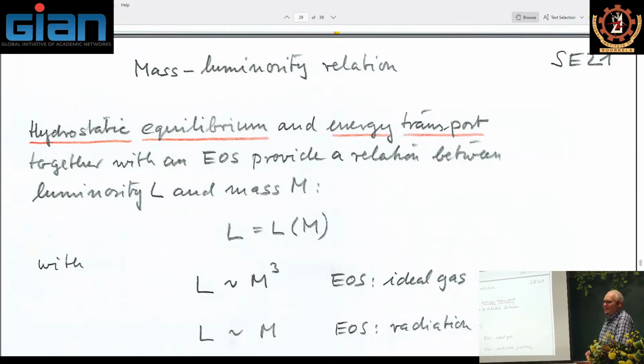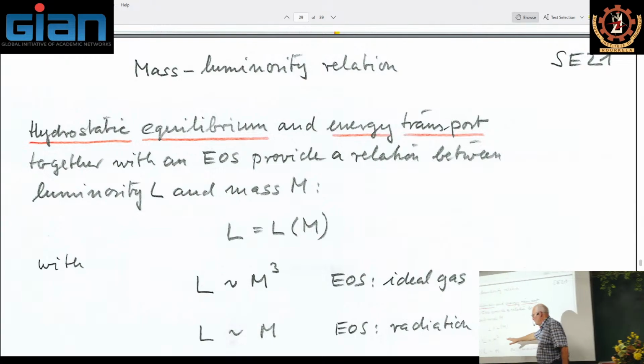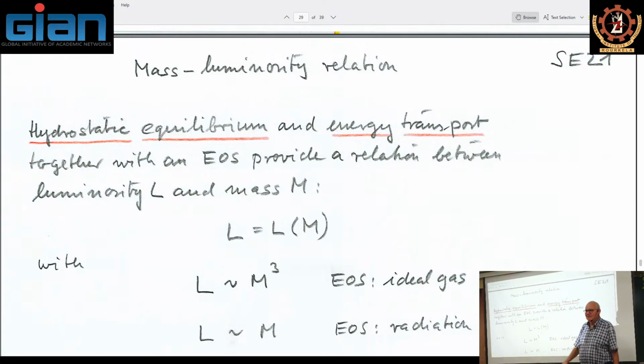So you may ask what happens to these relations once we solve the stellar structure equations and do sophisticated stellar evolution theory. The result is remarkably close to these relations. For low mass or moderate mass stars, the luminosity is proportional to about mass cubed.